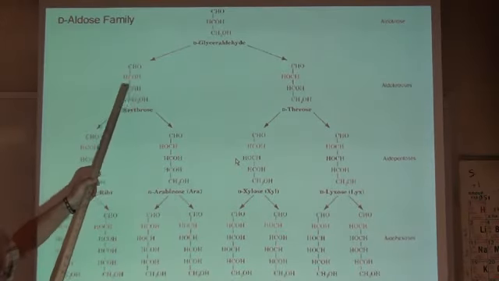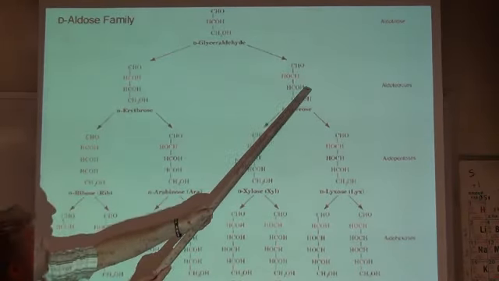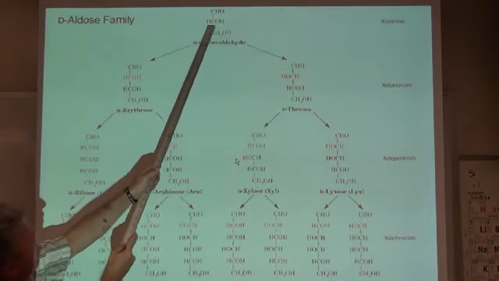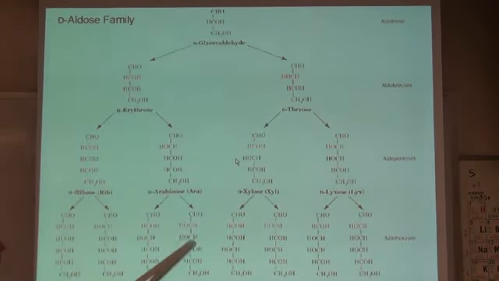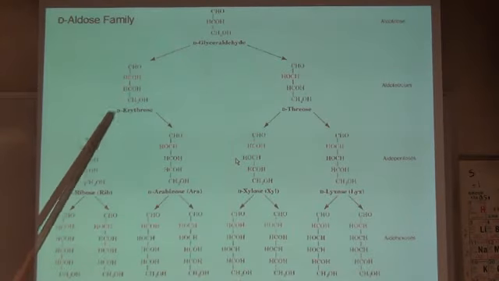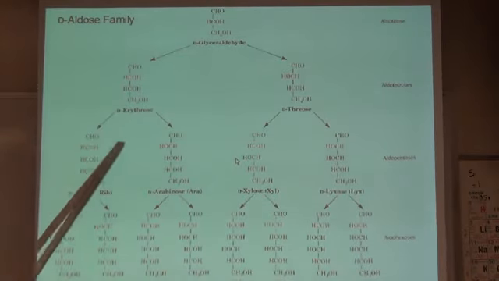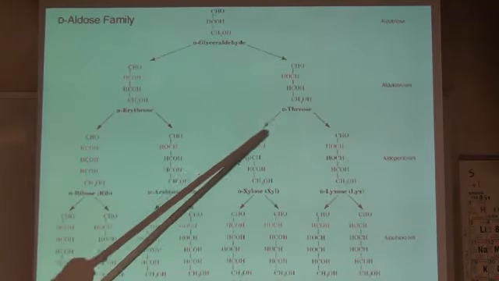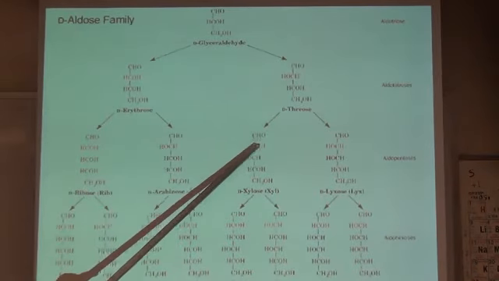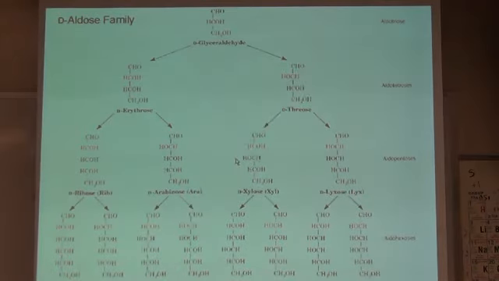Notice this conformation right here doesn't change from the original. It never changes all the way down. And all you keep doing is taking each one and cutting it, put an OH on the right, then an OH on the left. This one, same thing. Cut here, OH on the right, OH on the left. So that's how you generate them.